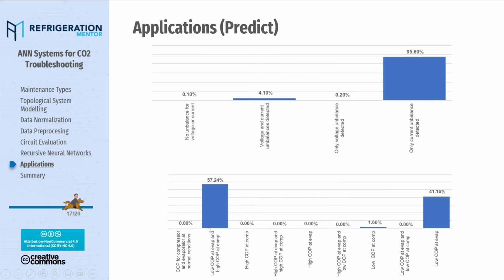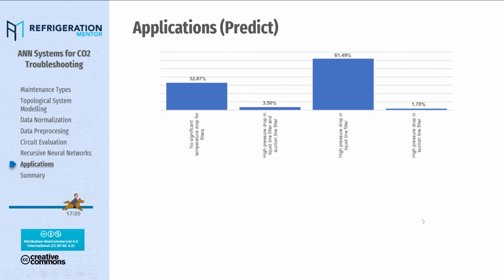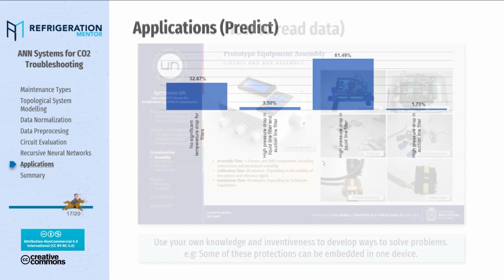Maybe a high level of superheat is in the compressor. And we have, for example, something like damaged fans or motors in our evaporating circuits. So in this case also, with the diagnosis of the filters, a high pressure drop in the liquid line filter will tell us that now it is necessary to change the liquid line filter.